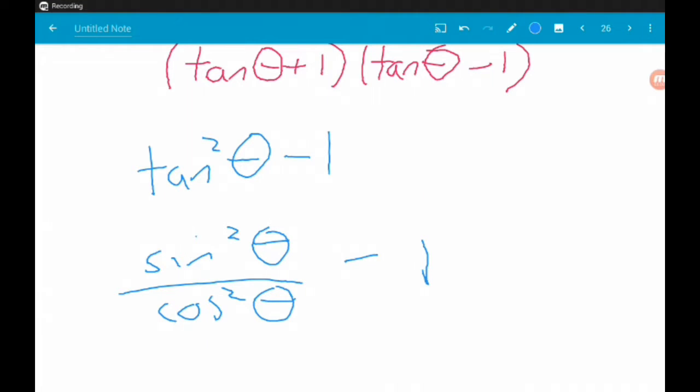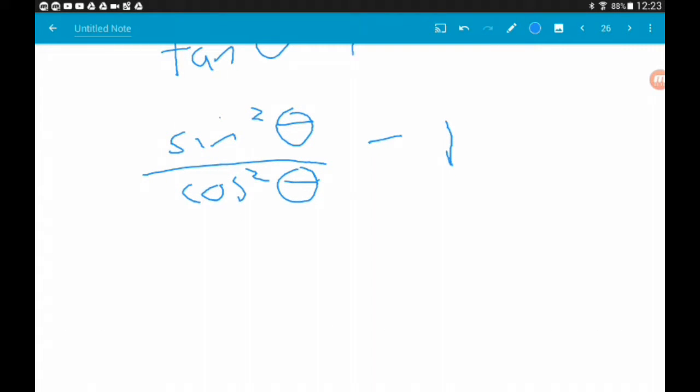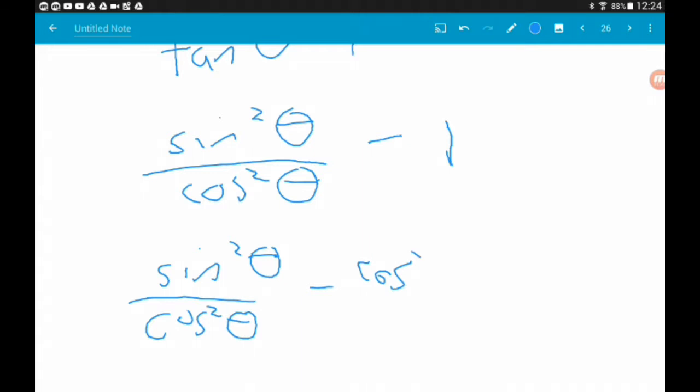Now, can we manipulate that at all to write it in terms of just sine squared or cos squared? Well, let's first of all turn it into a single fraction and see what we can do. So we could write this as sine squared theta over cos squared theta minus cos squared theta over cos squared theta.